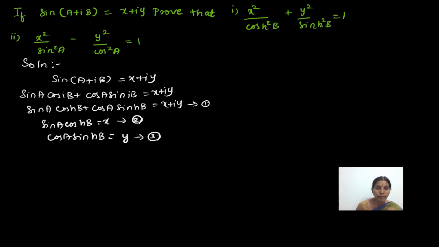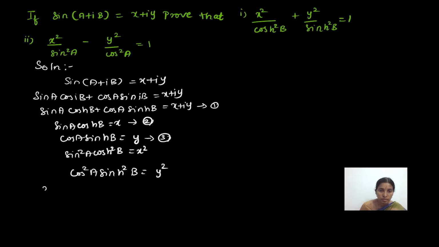Squaring equations 2 and 3, we get sin²a cosh²b = x² and cos²a sinh²b = y². From this, x²/cosh²b = sin²a.